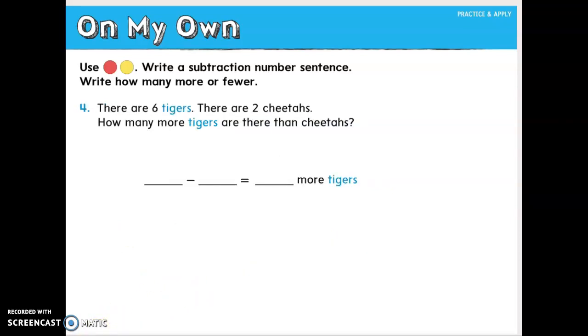All right, so we're going to use these dots again. It says, number 4, there are 6 tigers. So I'm going to go ahead and put 6 out here. And then there's 2 cheetahs.